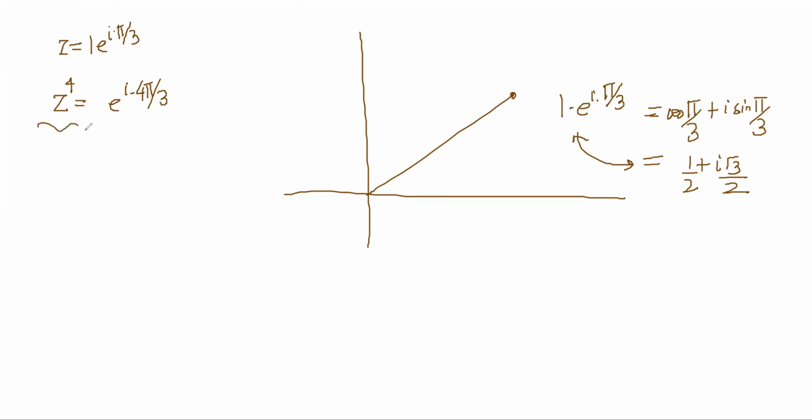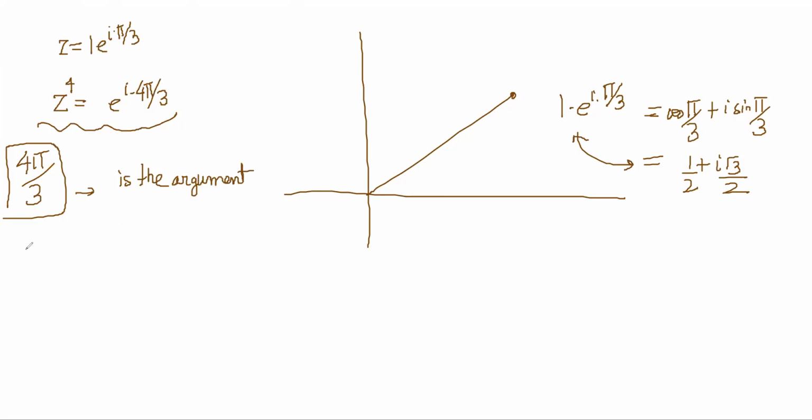Now technically the argument could be written as 4 pi by 3. But by convention, the principal value, the main value of the argument, is given as an angle that is between 0 to pi, or minus pi less than theta less than 0.